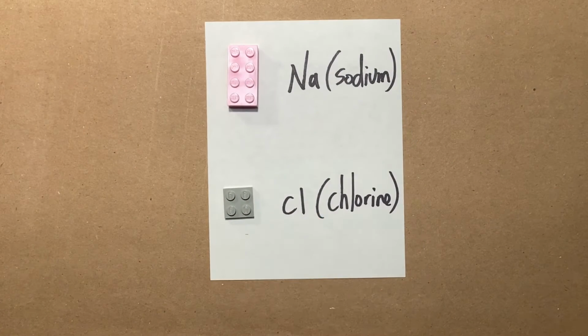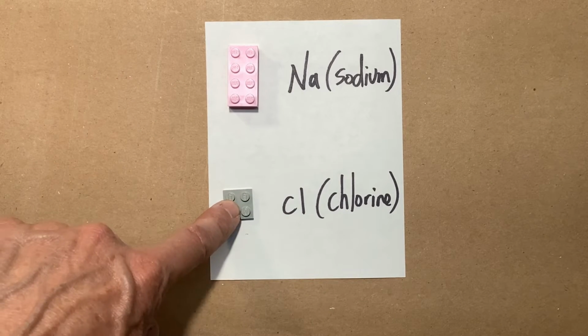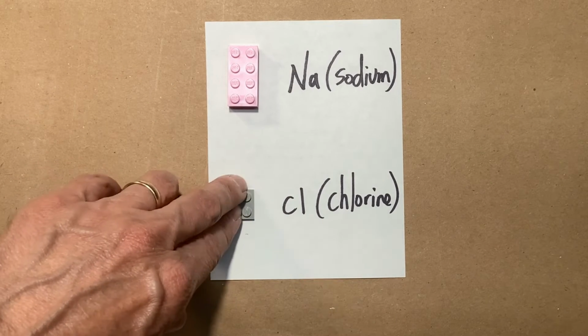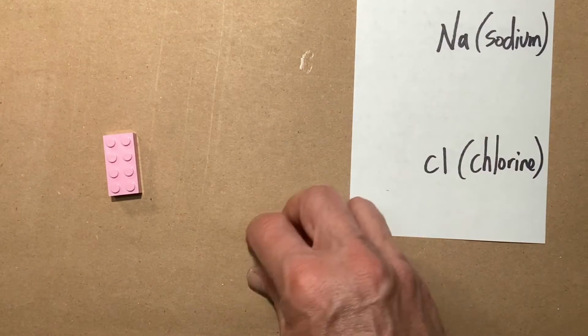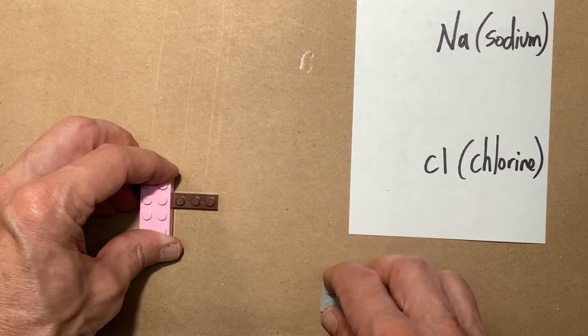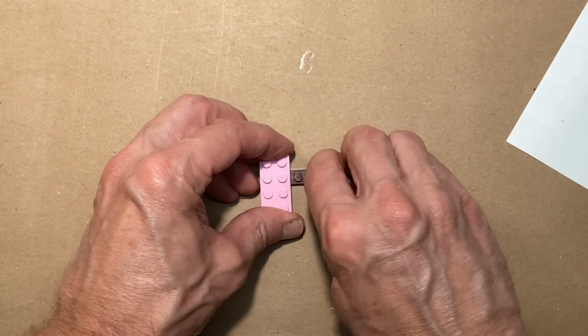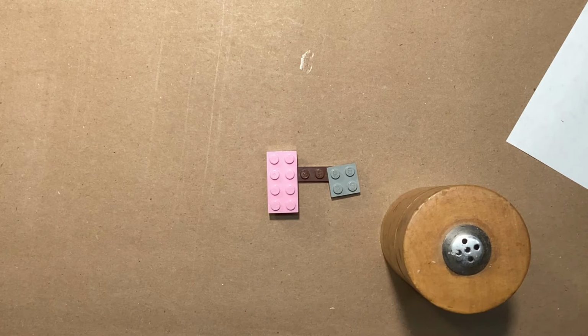That would be a sodium atom bonded to a chlorine atom, like this. Again, these are pretty simple examples. And there we go, sodium chloride, table salt.